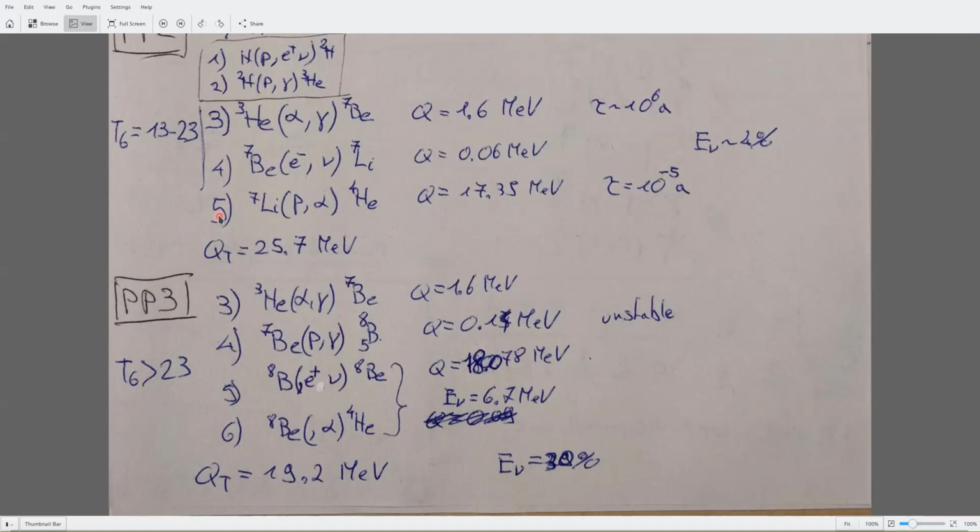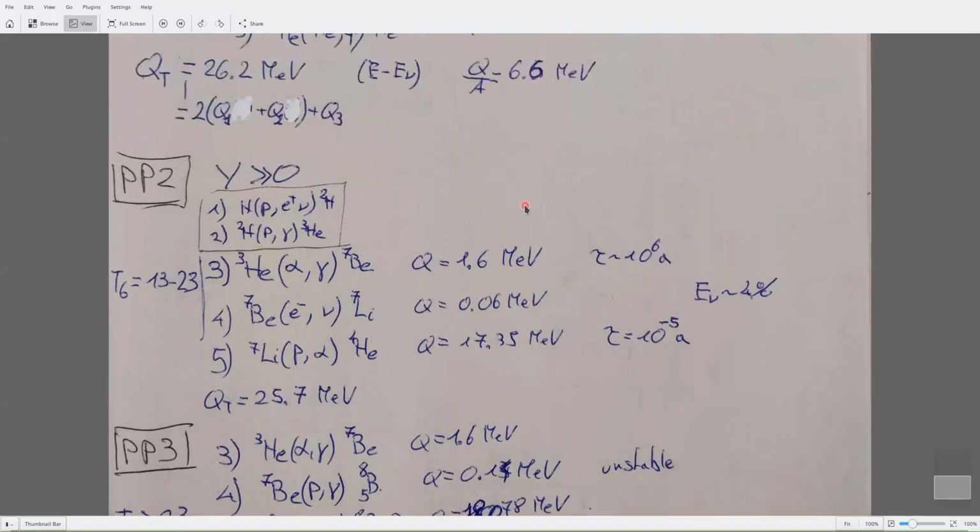So it takes a little more time, but it takes an electron, or it can get another proton, go to boron, and terminate the cycle in this way. This is quite quick. We'll see, beryllium-8 is really, really, really unstable. And this reaction produces most of the energy and also loses most of the energy. In fact, the quantity of energy lost by neutrinos is 30% in this case, the highest quantity.